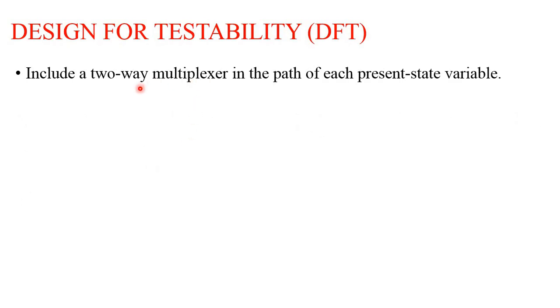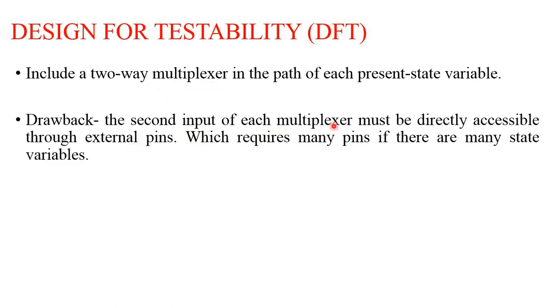The drawback of connecting a two-way multiplexer is that the second input of each multiplexer must be directly accessible through the external pins, which requires many pins if there are many state variables. If the number of states is larger, it automatically requires more pins. This is the drawback of using the multiplexer in DFT, design for testability.